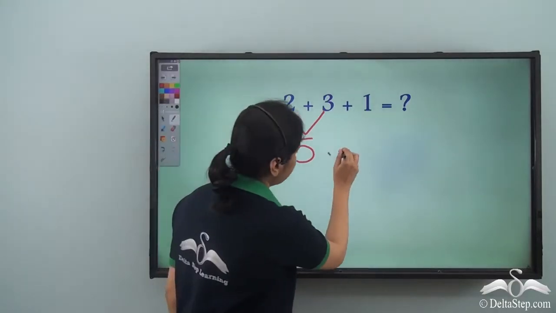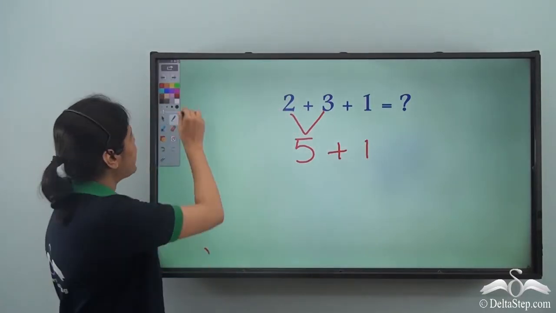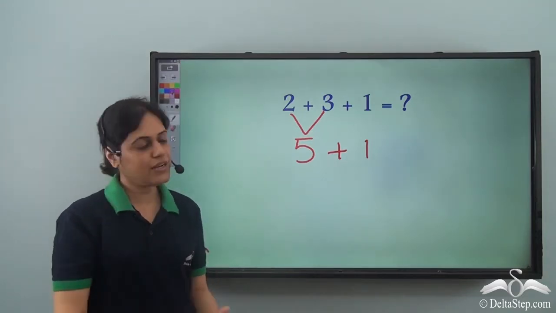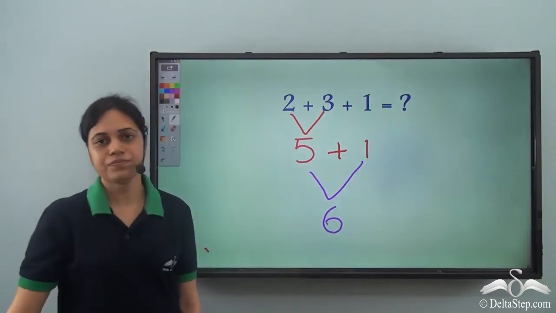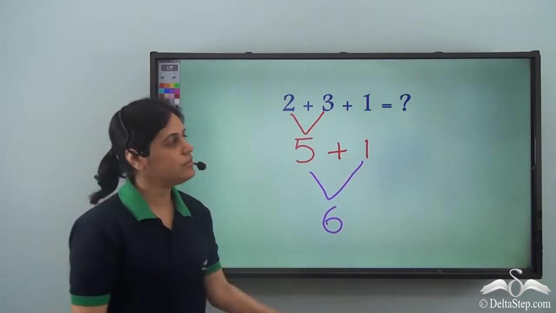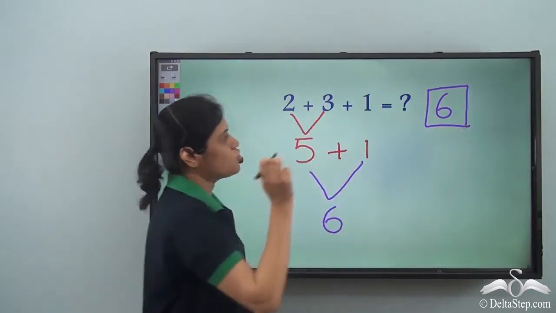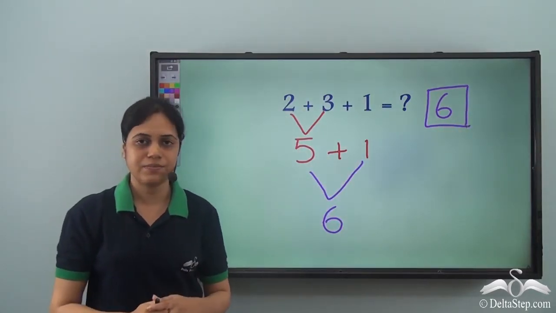So I write 5 plus 1. Now what is 5 plus 1? 5 plus 1 is 6. So the answer to this is 6. So 2 plus 3 plus 1 is equal to 6.